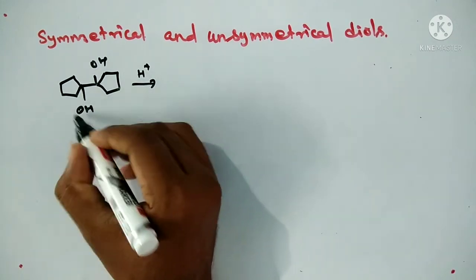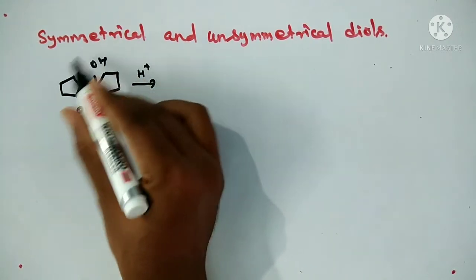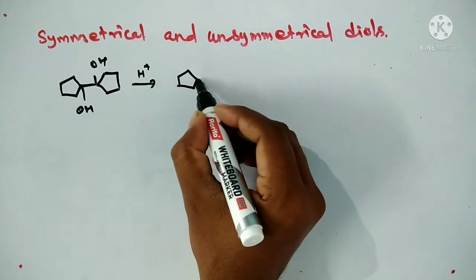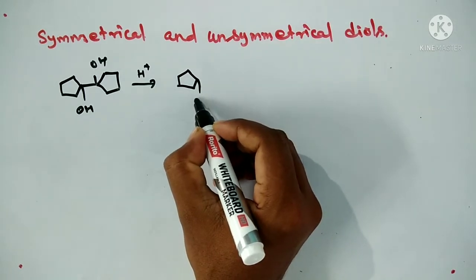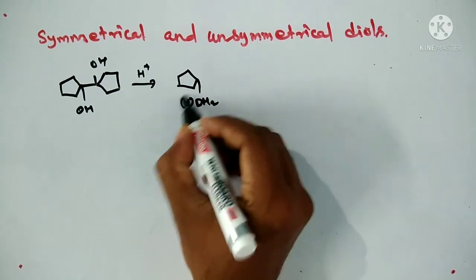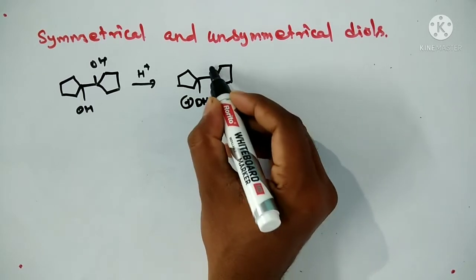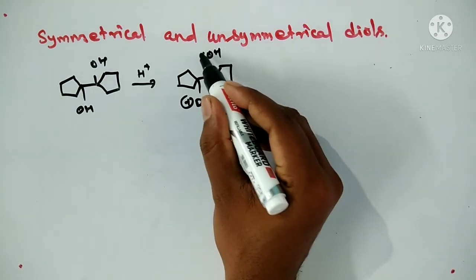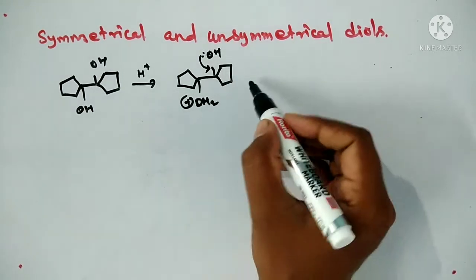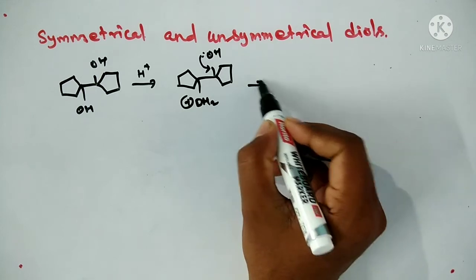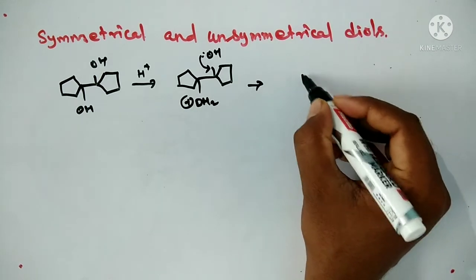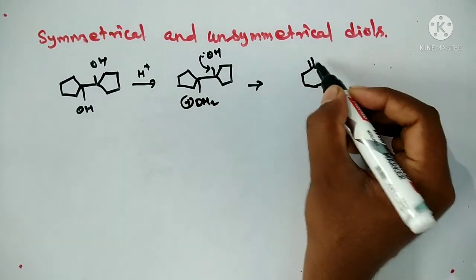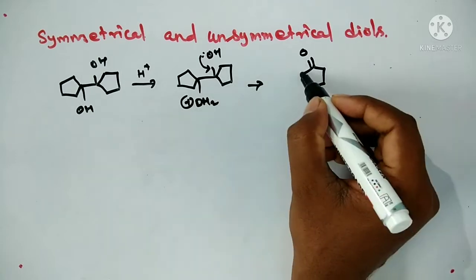One is this hydroxyl gets protonated, another is the other hydroxyl gets protonated. If you protonate this one, OH2 plus, this is OH. When this leaves, the 5-membered ring automatically expands to a 6-membered ring. So you get a double bond O ketone and a 5-membered ring.